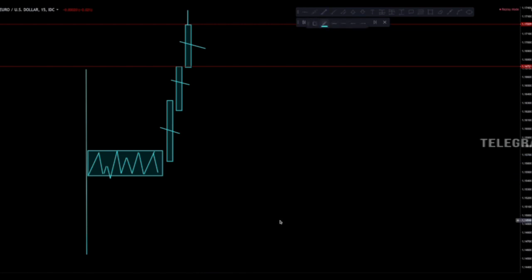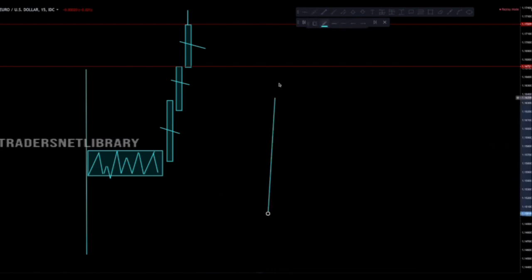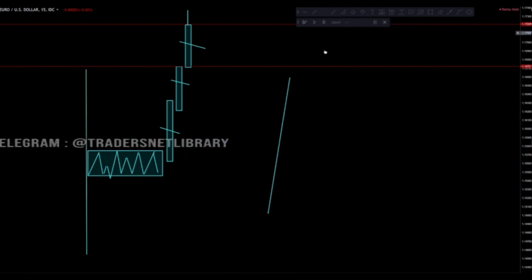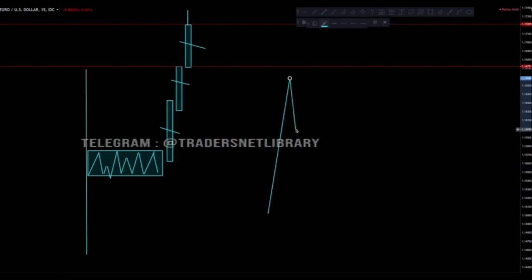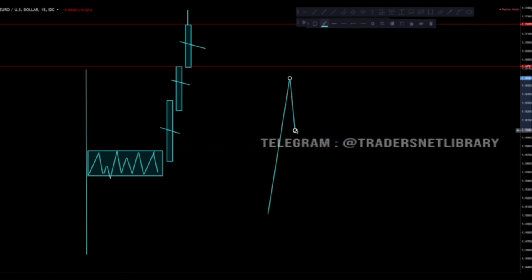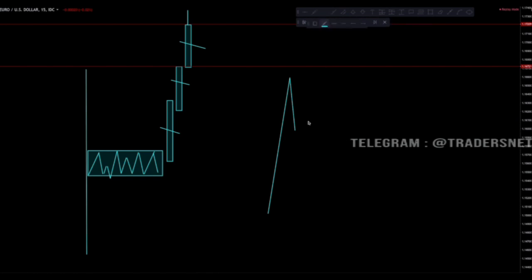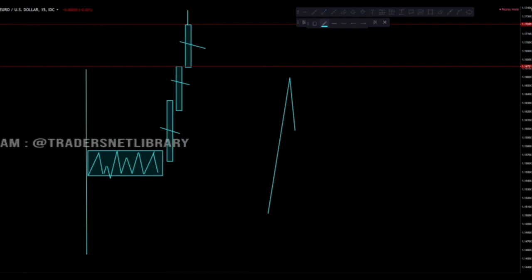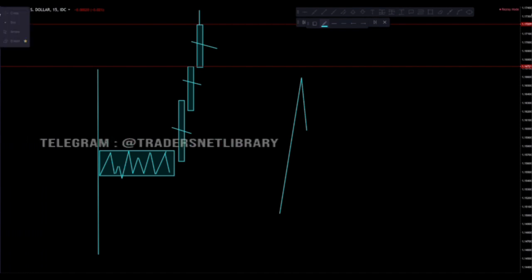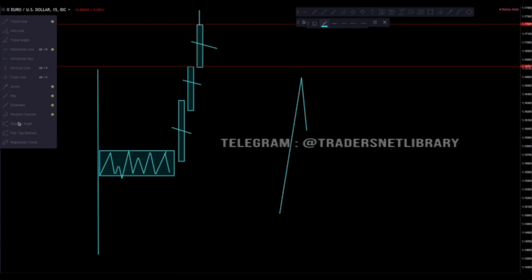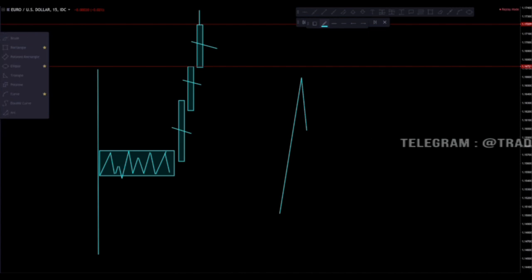Today I wanted to discuss the manipulation patterns. It could look like this: a very, very sharp, very fast move to the upside, and then some kind of messing around. Let me find something I can draw with.